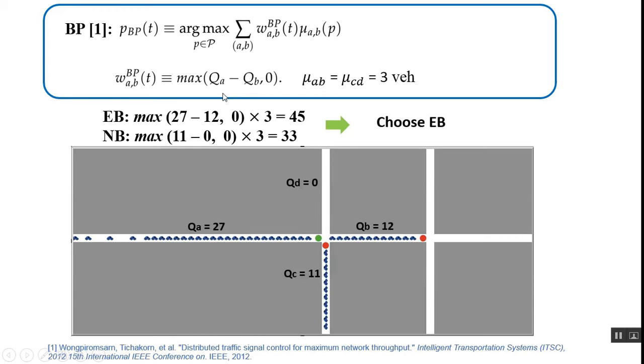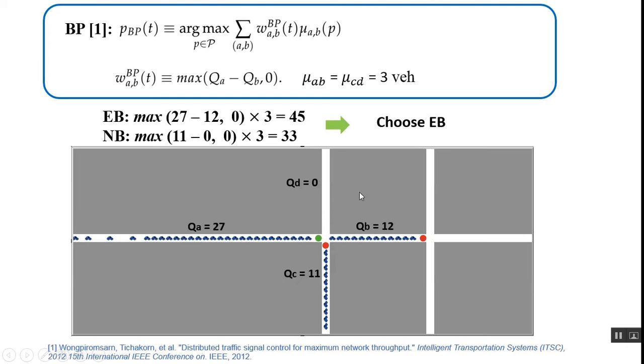QA is the number of queuing vehicles at arc A. Here, mu AB is the saturated flow rate during the time slot. We assume the time slot equals 10 seconds. Hence, the saturated flow rate of movement AB and the saturated flow rate of movement CD are both three vehicles.